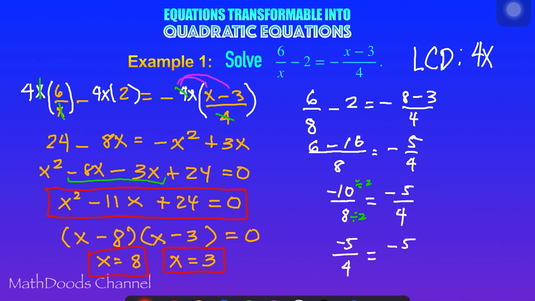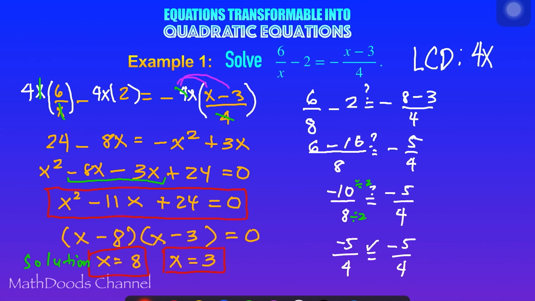So, balance ang equation. So, yung x is equal to 8 is a solution. Ito, solution to. Ayan. Kasi nag-balance, no? Ayan, nag-balance. Dito question mark, hindi tayo sure. Ayan.